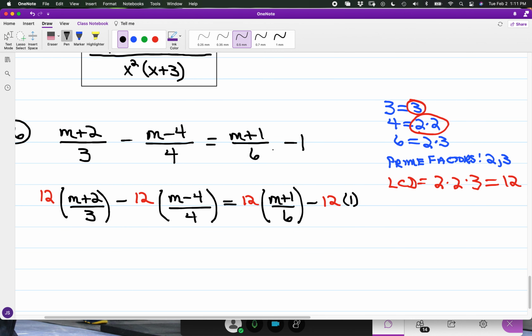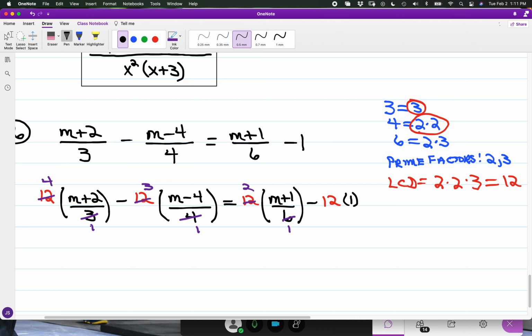Okay, so we have the setup, and we can look at this from the perspective of cross multiplying. 3 will go into 12 4 times. Now we're going to bring down the subtraction here, and 4 will go into 12 3 times. 6 will go into 12 2 times. Just being careful with the signs here.